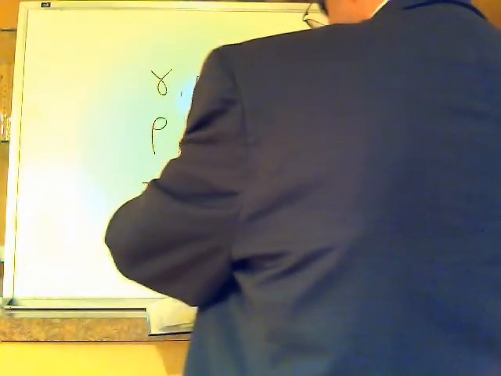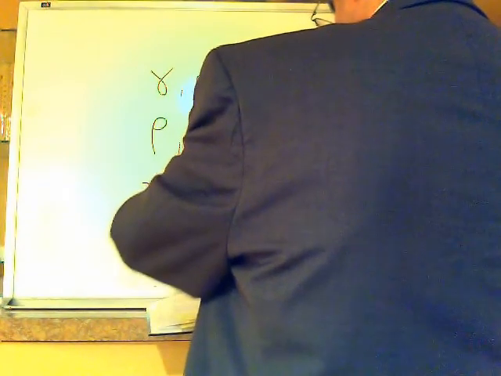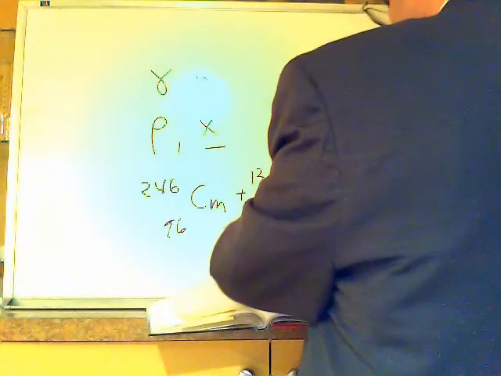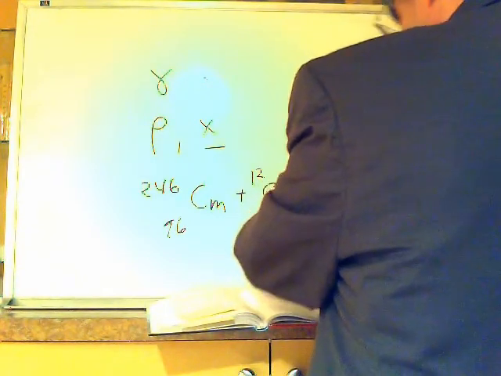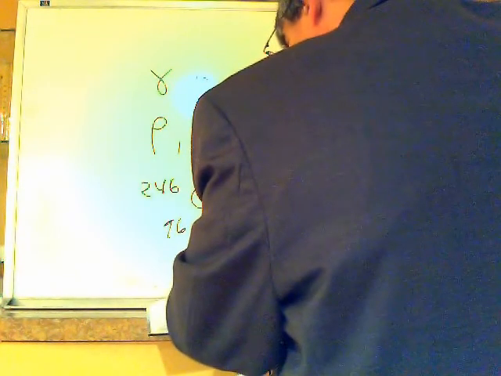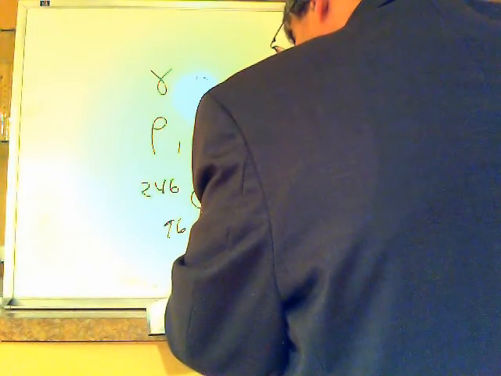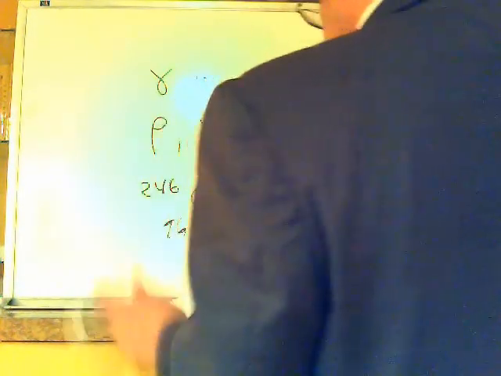246 curium, and curium is 96. It's absorbing a carbon nucleus, and that's going to give you a nobelium, which is a considerably higher mass element. Nobelium is 104. 100?